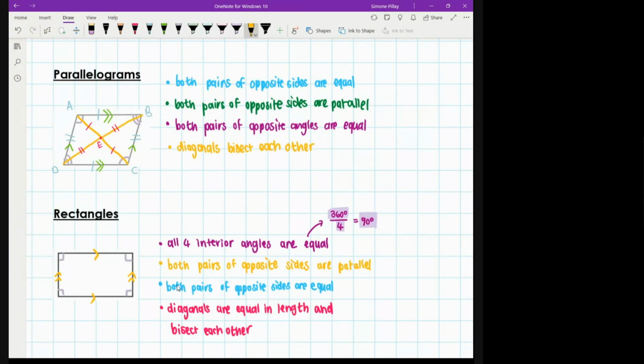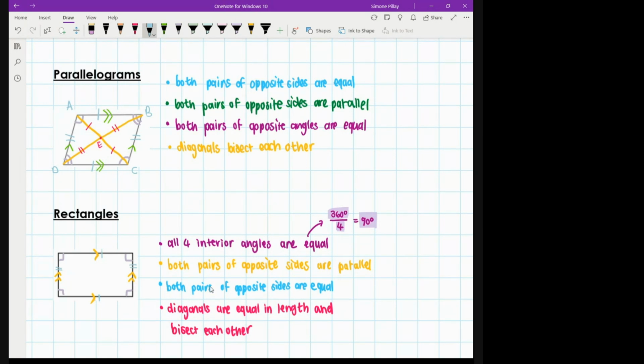Looking at the next property, they have said that both pairs of opposite sides are equal. So this is sounding very similar to my parallelogram. What was different though is I see in my rectangle, I have 90-degree angles in the corners, but in my parallelogram, I don't.